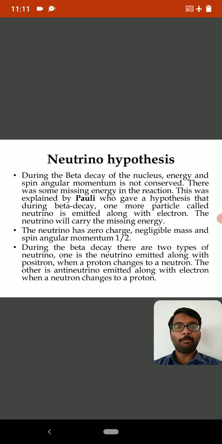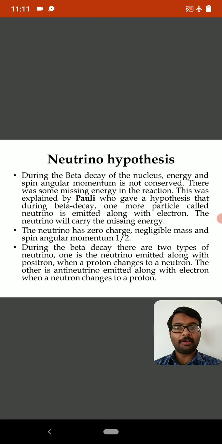There was some missing energy in the reaction. This was explained by Pauli, who gave a hypothesis that during beta decay, one more particle called a neutrino is emitted along with the electron.